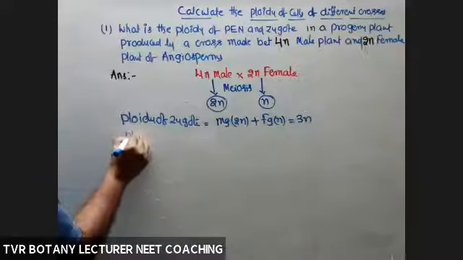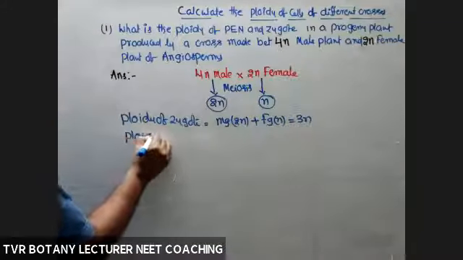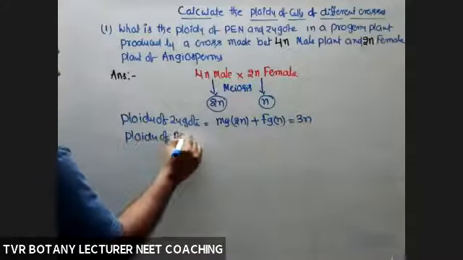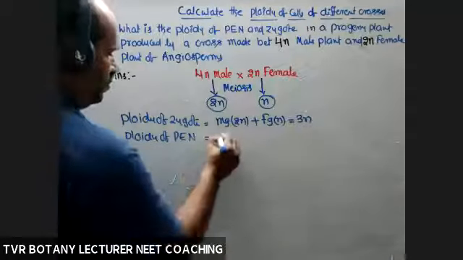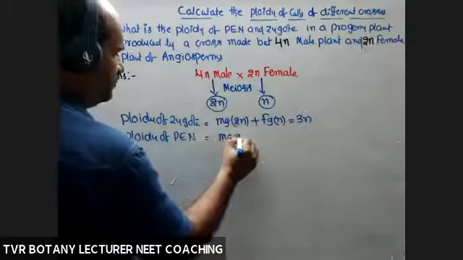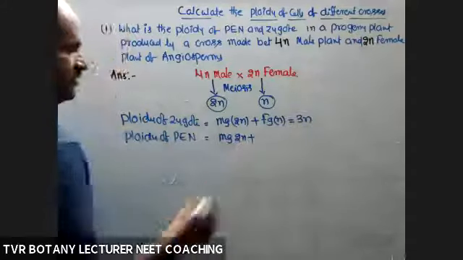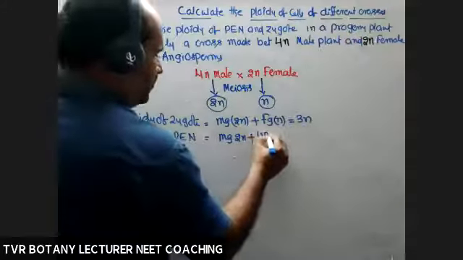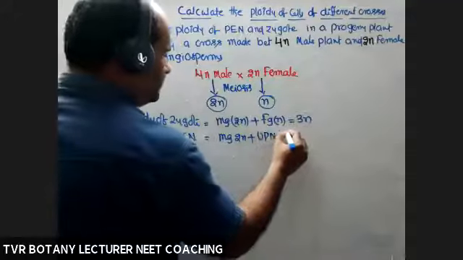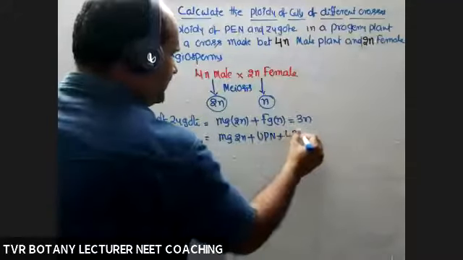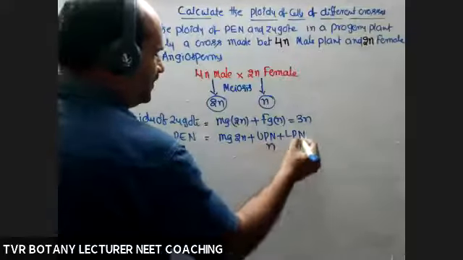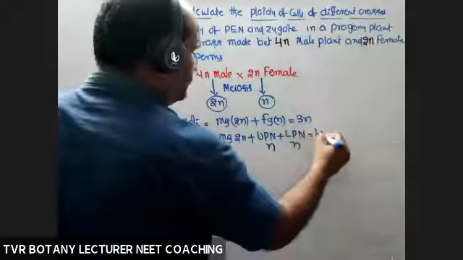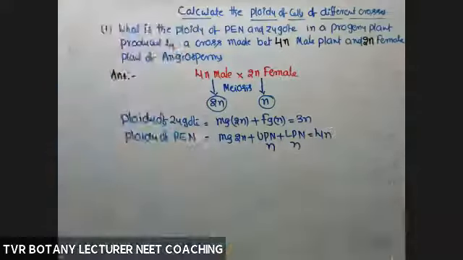And the ploidy of a PEN: one male gamete 2N plus upper polar nucleus plus lower polar nucleus. So 2N, N, N. It is a 4N tetraploid.